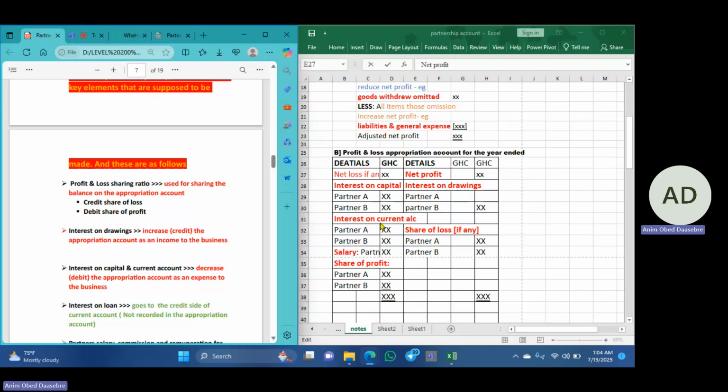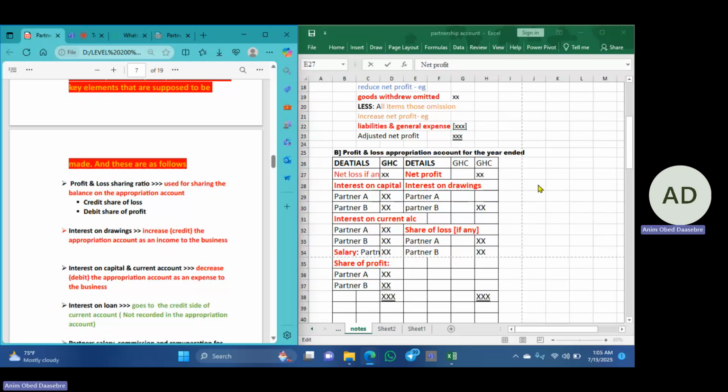If they both have debit balances, then that means they have overdrawn the accounts. And the implication is that the interest on it will be an income to the firm instead.